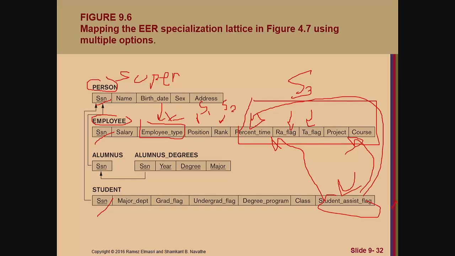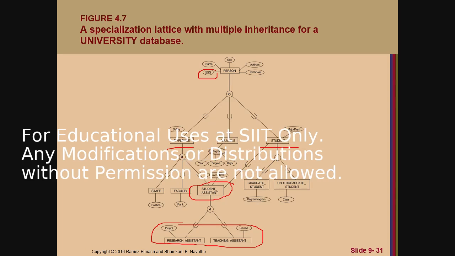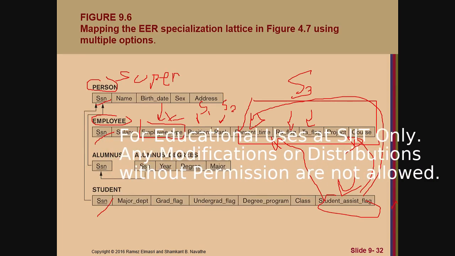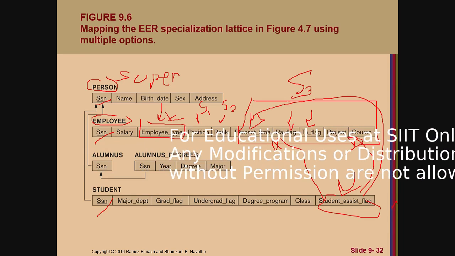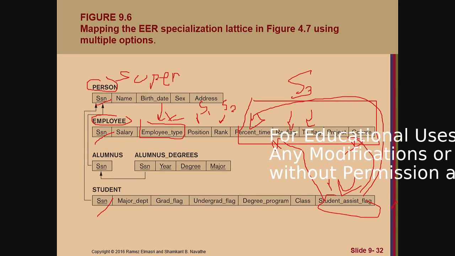And actually this subclass is the superclass of 2 more subclasses, so they combine them in just one table. I see. Yeah, it's okay. So actually we need it.